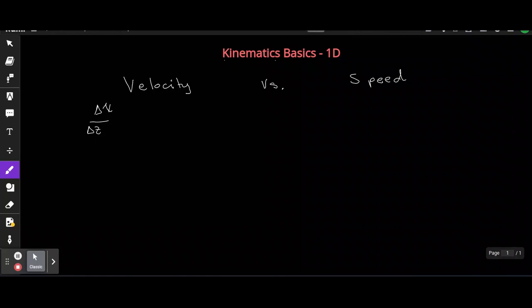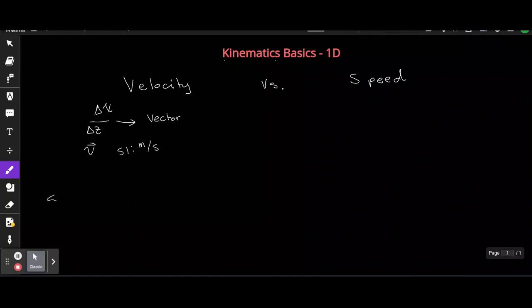This is referred to as average velocity. Because we know that displacement is a vector, we can guess that velocity is going to be our vector quantity. Velocity is represented with a v with a vector symbol, and its SI unit is meters per second.